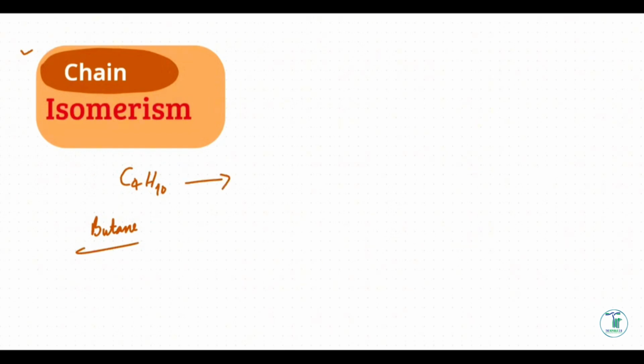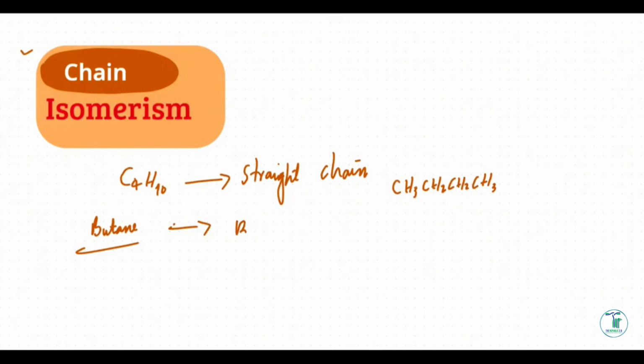In the straight chain, there would be 4 carbon atoms, so they can be written in this way: CH3, CH2, CH2, and CH3. And also butane can be written in a branched chain.